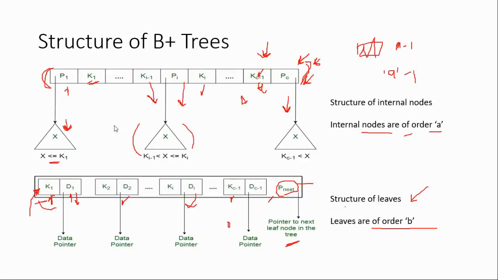So as we are told that the order of leaves is B, there will be a maximum of B minus 1 key and data pointer pairs stored in a leaf. So this C can take any value from 1 to B minus 1.